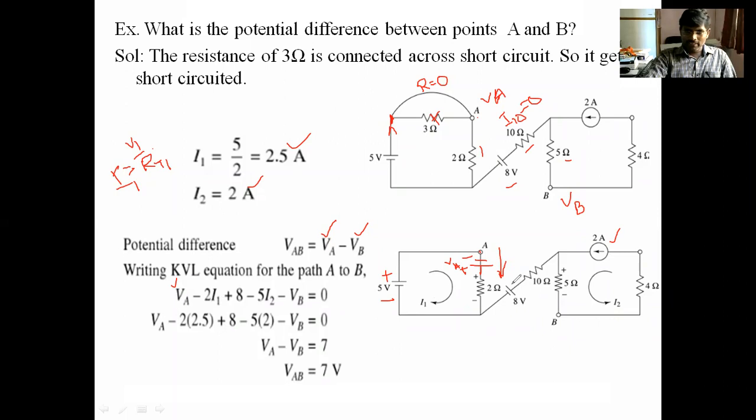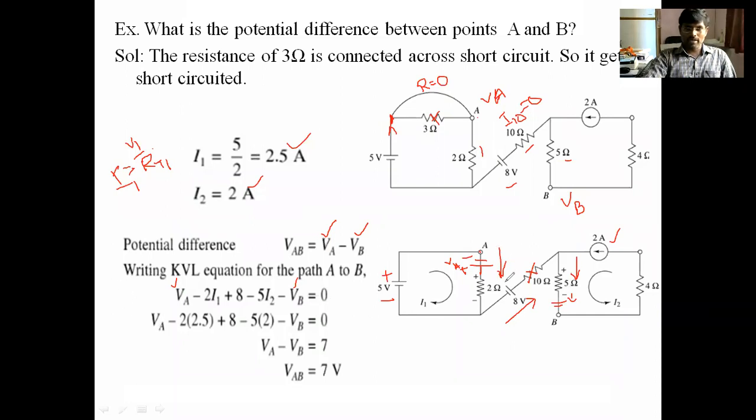Whereas for battery, the current is leaving from positive. So take plus 8. However, here I10 is equal to 0. You need not consider it. Coming to 5 ohm, the current is again entering with plus, which is opposite to the reference. So therefore, minus 5 I2. And again current entering with positive. Take minus VB, which is equal to 0.